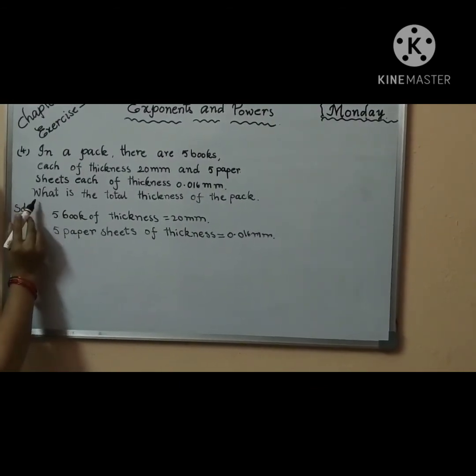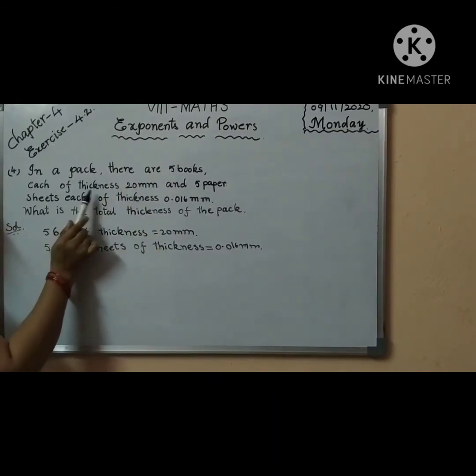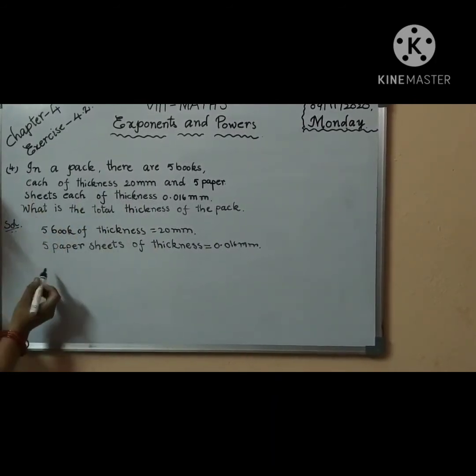So here what is it asking? What is the total thickness of the pack? It means 5 books of thickness and 5 paper sheets of thickness.